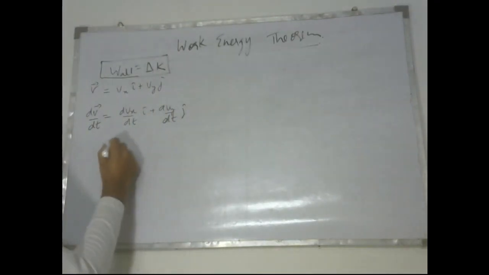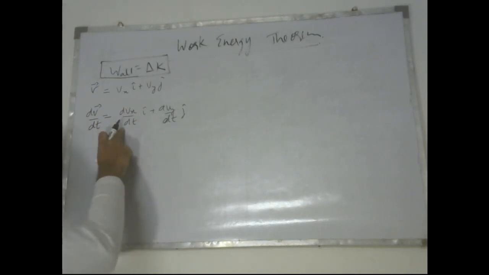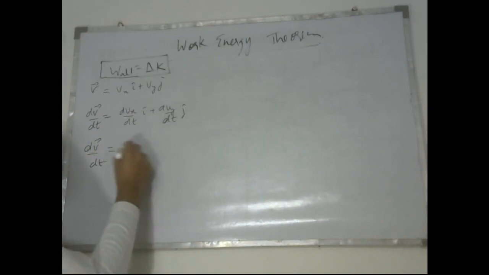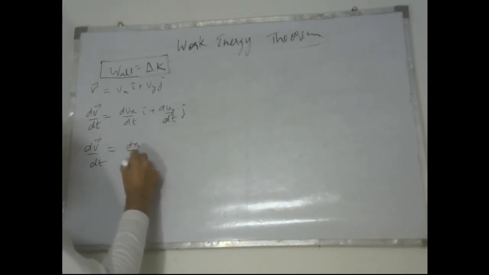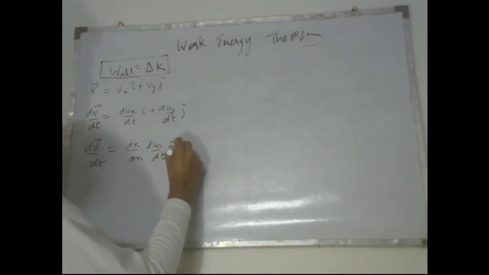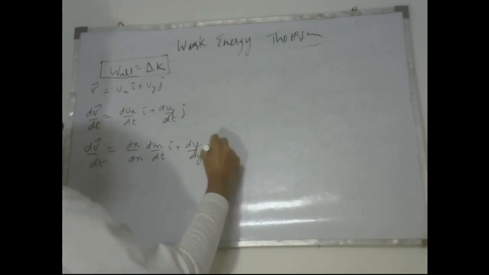So what we are going to do is multiply dvx by dt in numerator and denominator by dx, and the same operation we are going to do with dy. So dx multiply and divide, and dy multiply and divide with the other expression.